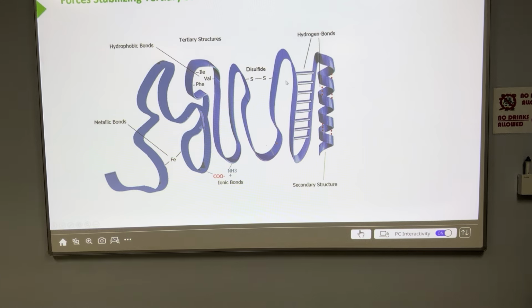What are the forces stabilizing a tertiary structure? Hydrogen bonds, that's one force. Disulfide bridges, a second force. Hydrophobic interactions. Some amino acids are nonpolar, so they hug each other in the core. So that's a force also. Nonpolar molecules are afraid of the polar aqueous solution when you drop the amino acid in water, but they cling on and hold each other.